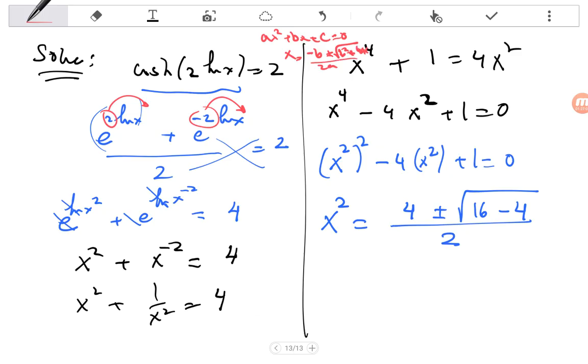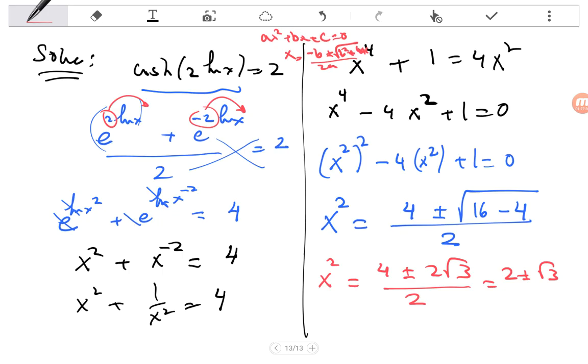This is a known formula for the solutions of a quadratic equation. Okay? Now these are two solutions, which mean that x squared equal to 4 plus or minus root 12, and I may write root 12 as 2 root 3, all over 2, which is exactly 2 plus or minus root 3.